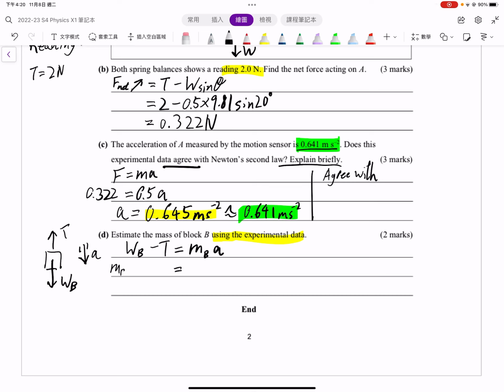This is mBg minus 2 equals mB times 0.641.